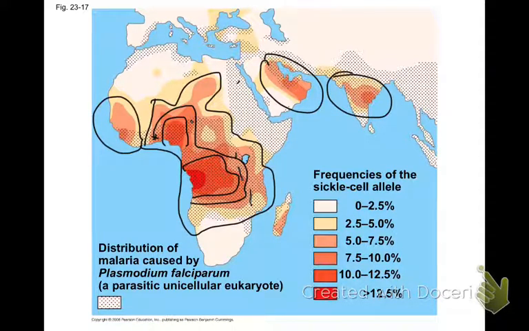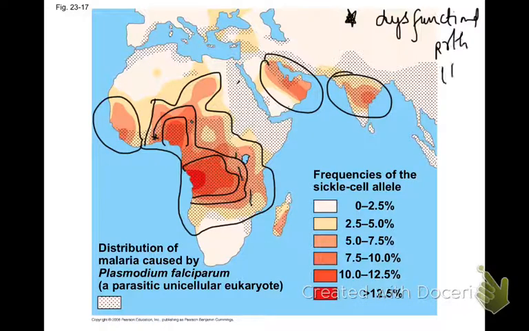Sickle cell anemia basically is a mutation, a change in a base at the 6th base pair of the hemoglobin gene, and so you make a dysfunctional protein or hemoglobin, which distorts the shape of the red blood cell.